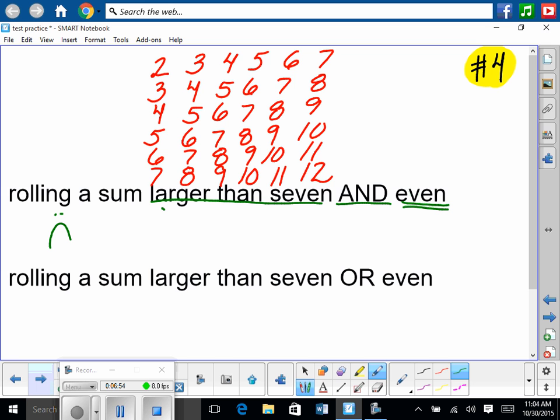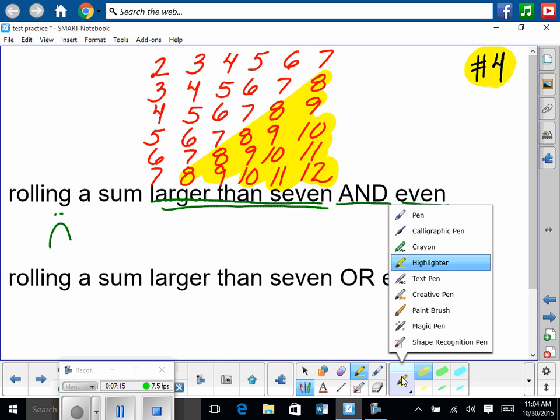So it's got to be these two things at the exact same time. So if you look in here, where does that happen? Well, things larger than 7 would be all of these, right? So 8's are larger than 7, 9's are larger than 7, 10, 11, and 12. These are the ones that are larger than 7.